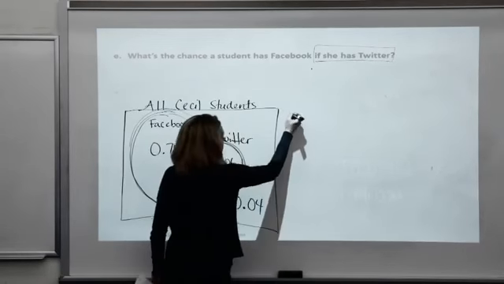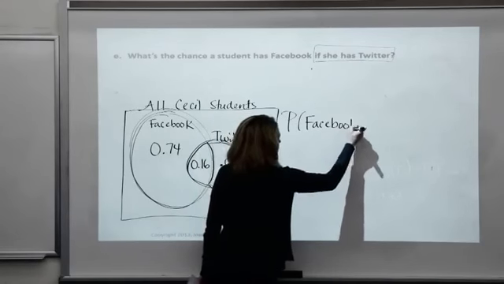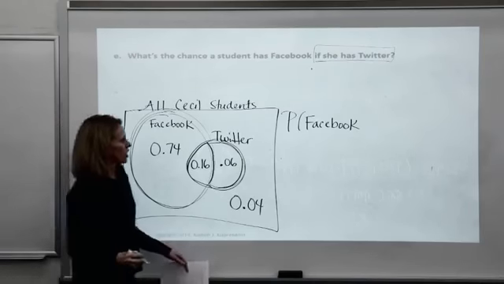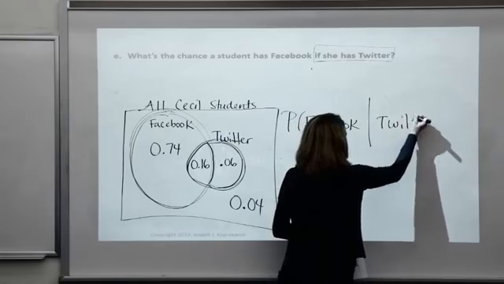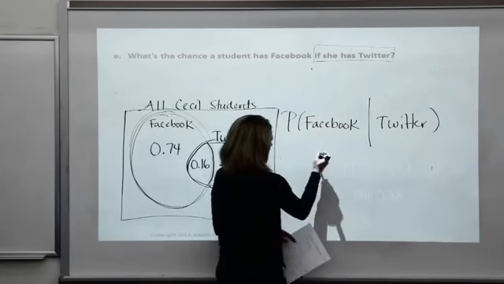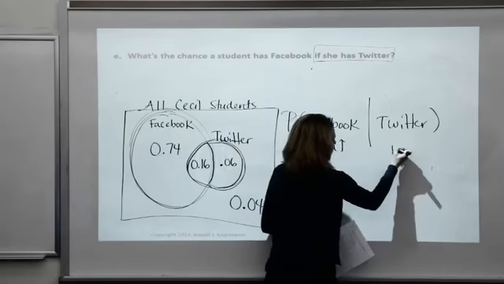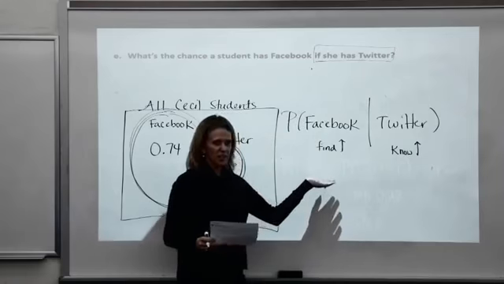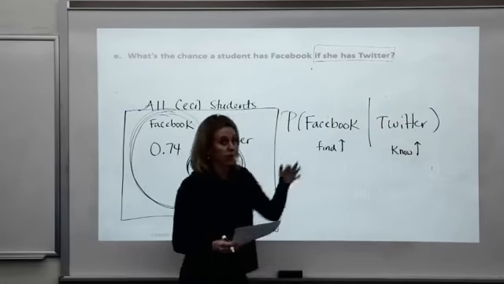So we want to know the likelihood that she has Facebook, given that she has a Twitter account. I'm going to draw this line here, Twitter. This is the probability that we're trying to find. This is what we already know about this student. We'll see this syntax in the next video. This is called a conditional probability. What you know always comes after the line.